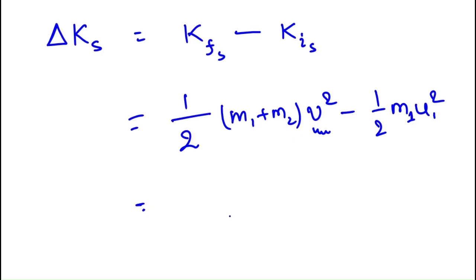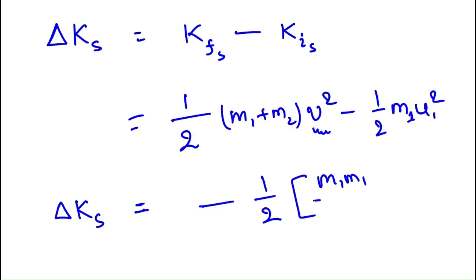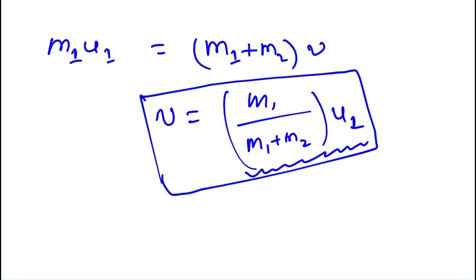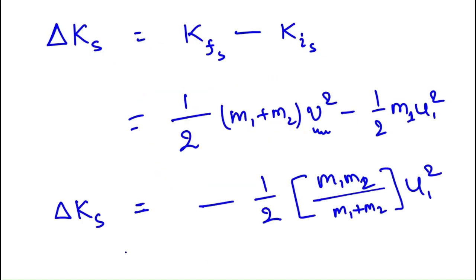Let me write it directly, you try by yourself, and you can come to the conclusion that delta K of the system will be negative 1 by 2, and then I guess M1 into M2 by M1 plus M2, and then U1 squared, because instead of V we have the term containing U1. So you can check if it is coming or not.